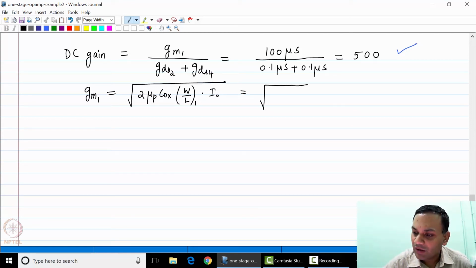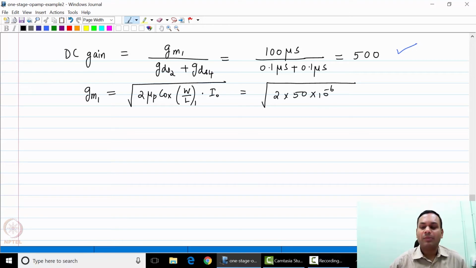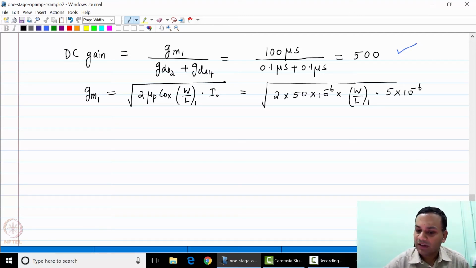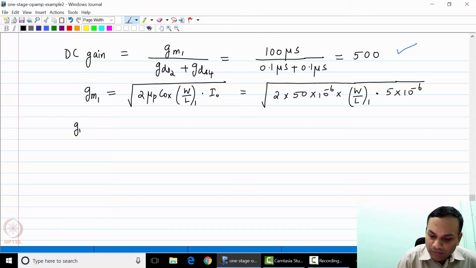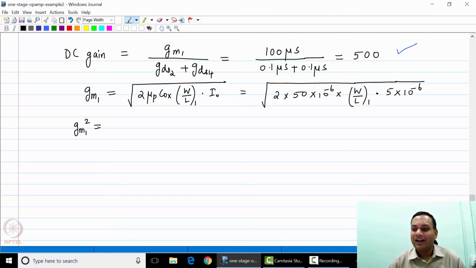This is nothing but root of 15 into 10 power minus 6 over L of 1 times 6. Therefore, since GM1 is 100 microsiemen, GM1 squared is 10 power minus 8.